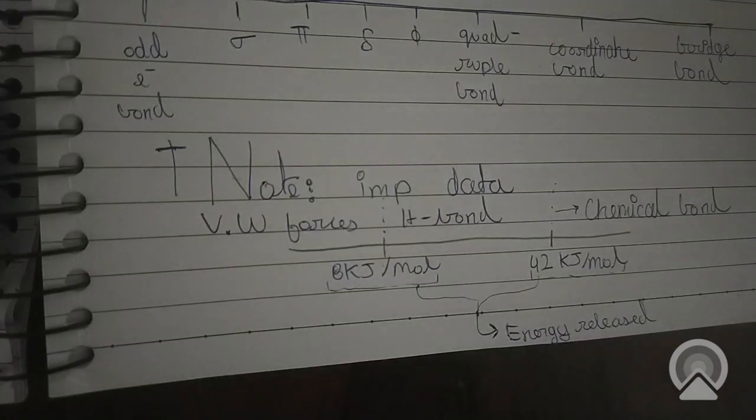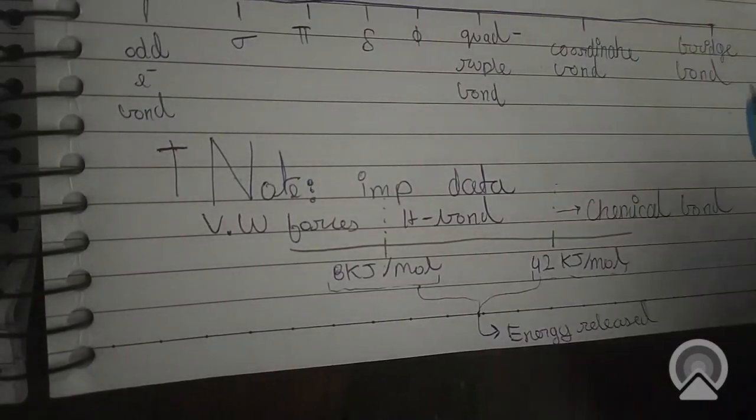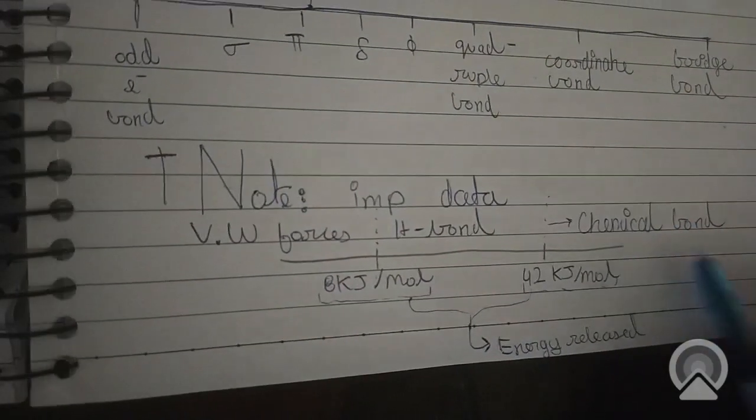During the formation of a bond, when 42 kilojoule per mole energy is released, or more than that, or the two reactants have lost a significant amount of energy, or they have become more stable than what they were, then they form a chemical bond.